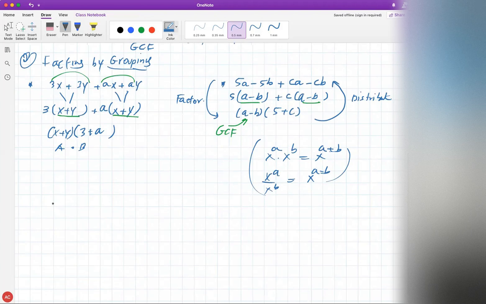Let me give you probably another example here. So that's basically how factoring by grouping works. So you may have, for example, a few variables. I don't know, you may have X, Y. It's possible to have some variables like these and maybe a number somewhere here.